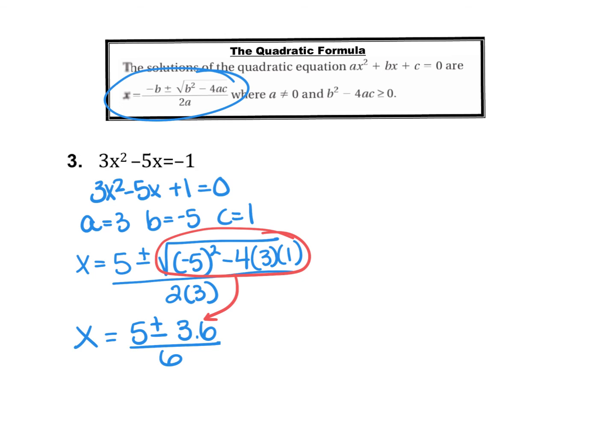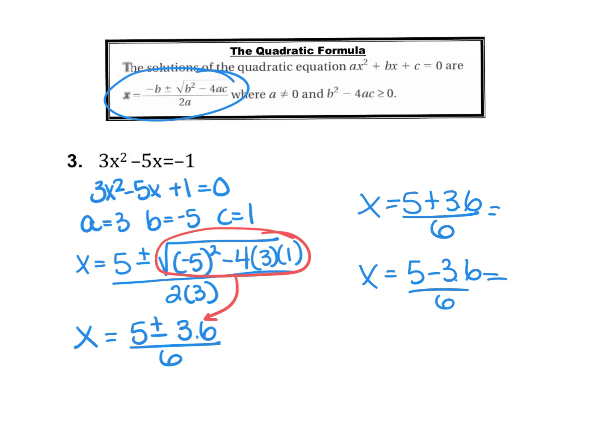So now we've got x is equal to 5 plus 3.6 divided by 6, and x is equal to 5 minus 3.6 all over 6. The two solutions that I would end up with then are 1.43 and 0.23.